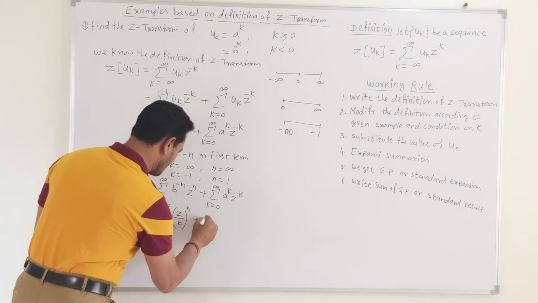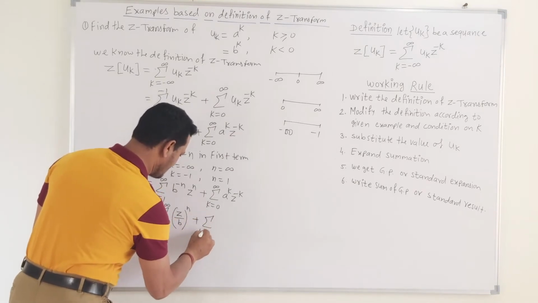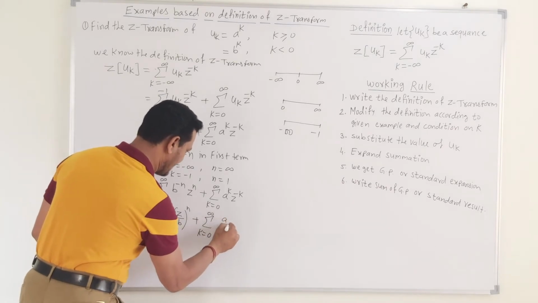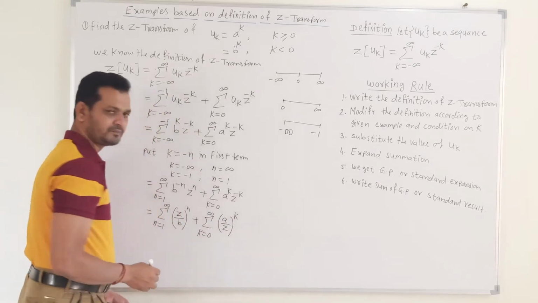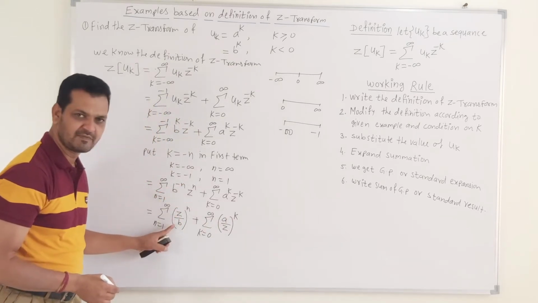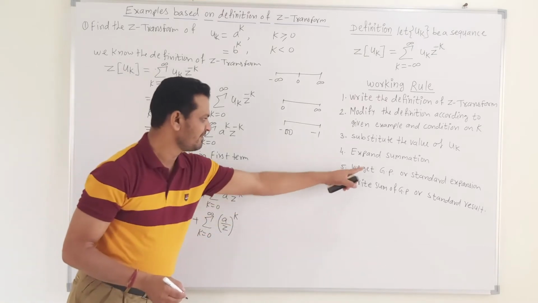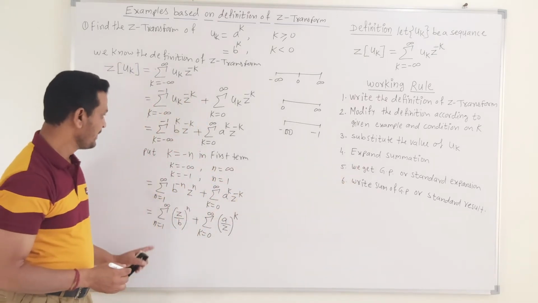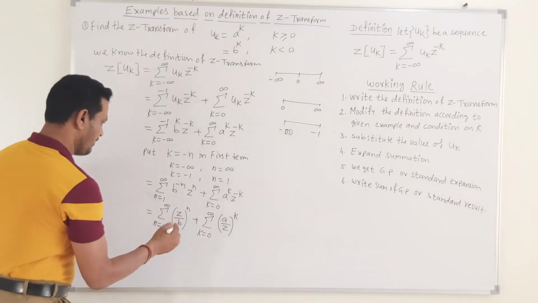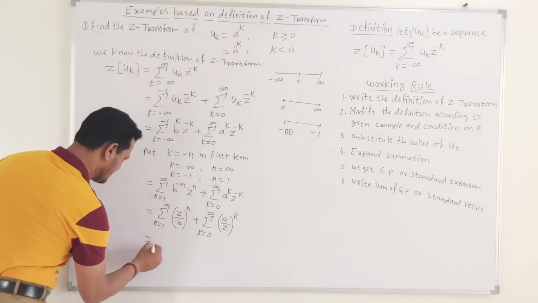Now friends, let's rewrite the second term. Where k goes from 0 to infinity, we can write this as a upon z raised to k. We purposefully simplify the term this way so that we can easily get the geometric progression. Now this is the expansion of the first term.